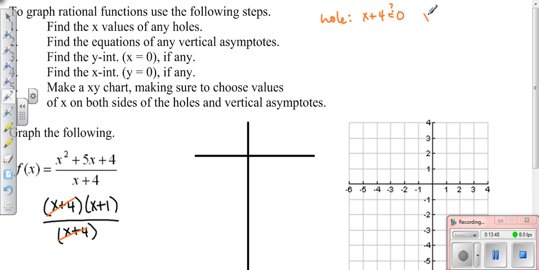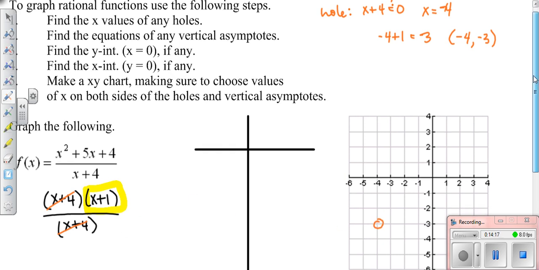It's going to be at x equals negative 4. To find the y coordinate of it, I go into the simplified form, and so I have negative 4 plus 1, which is negative 3. So my hole is at negative 4, negative 3. There's a hole in my graph.